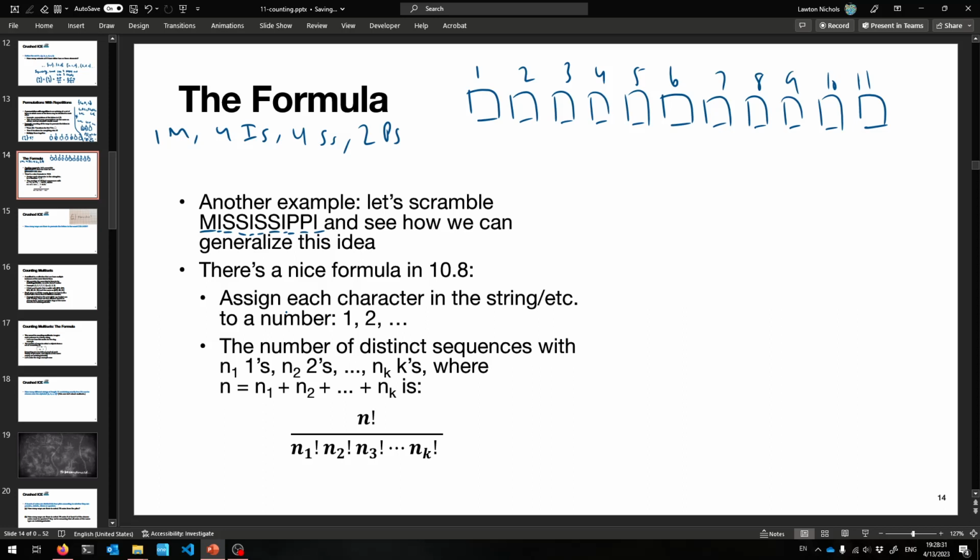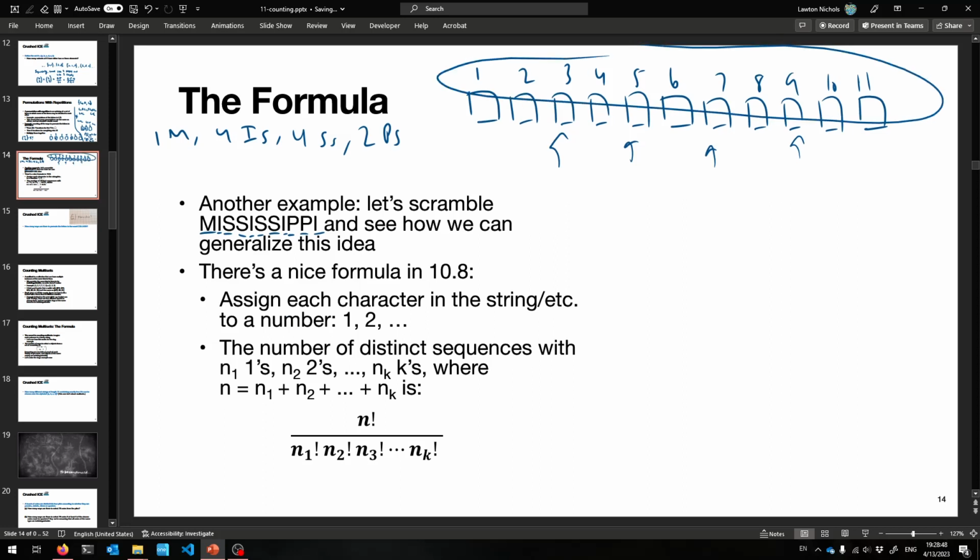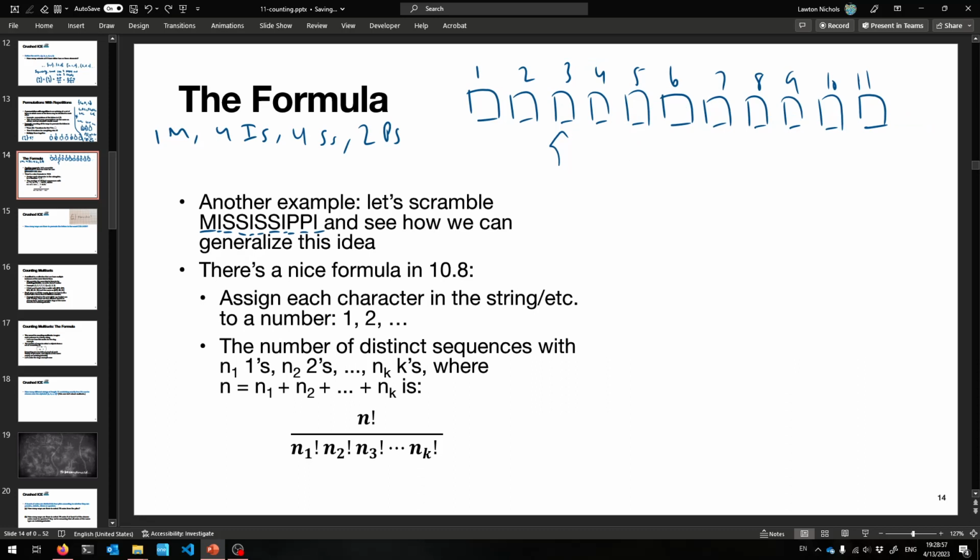The secret is to assign a number to each character in the string and then start making choices for the duplicates first. So let's say we place the i's somewhere first. We have to pick 4 slots for the i's. It's just like, give me a subset of size 4 of these 11 choices. That's what it means to place the i's, where order doesn't matter because they're all the same letter.